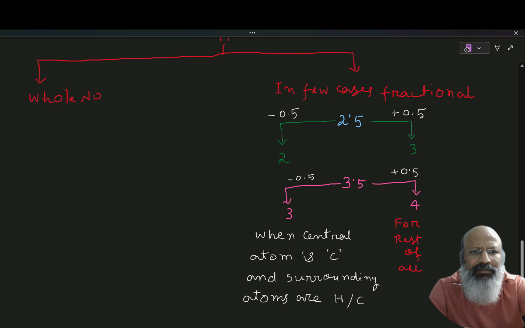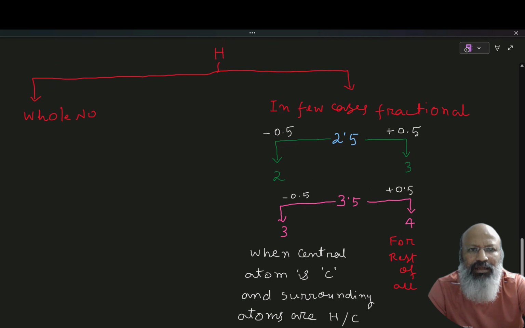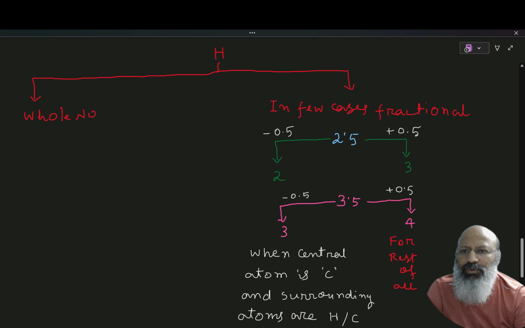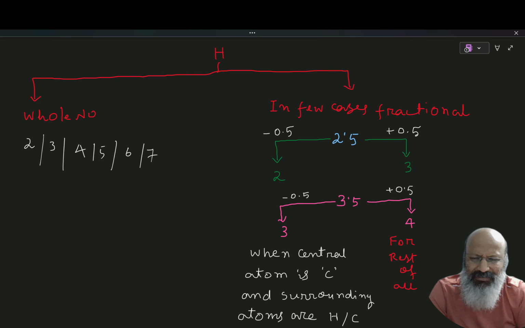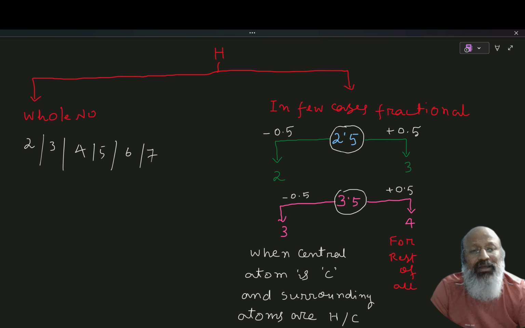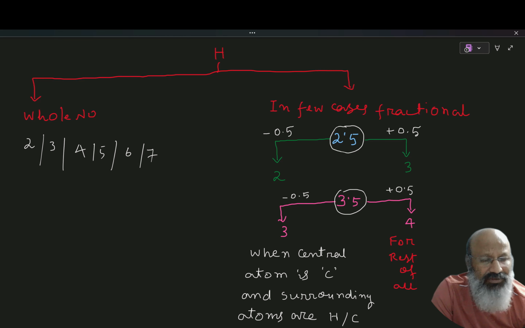When you calculate the steric number, mostly it is going to come out as a whole number like 2, and if it is 2, then sp, then 3, sp2, 4, 5, 6, 7, etc. In maximum cases, maybe 90% or 95% cases, but in few cases you might get a fraction. ये देखो 2.5 मिल गया, 3.5 मिल गया, तो ऐसा केस में क्या करें? अगर फ्रैक्शनल आया, immediately you need to add plus 0.5 and make it the nearest whole number.